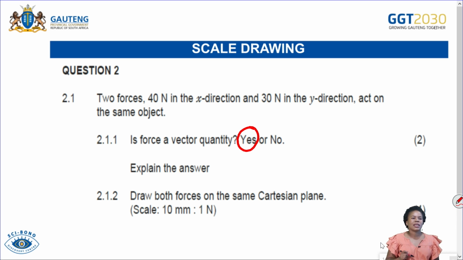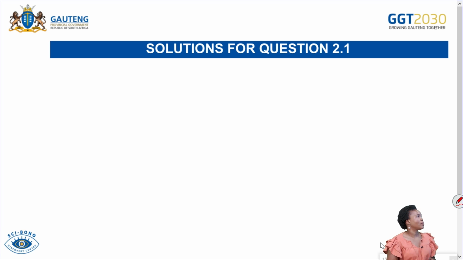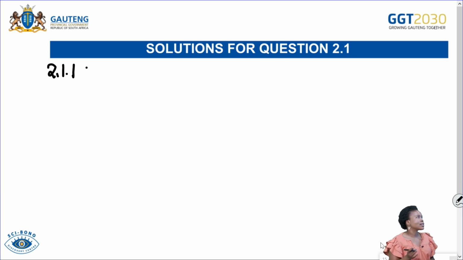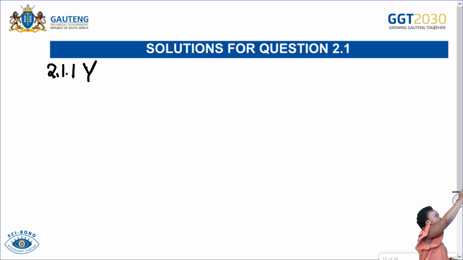But why would you say that? It goes back to you understanding what a vector quantity is. Let's go to a clean page so that we are able to answer it nicely. At 2.1.1, we are asked if it is a vector quantity, yes or no. The first thing we should do is choose one option.